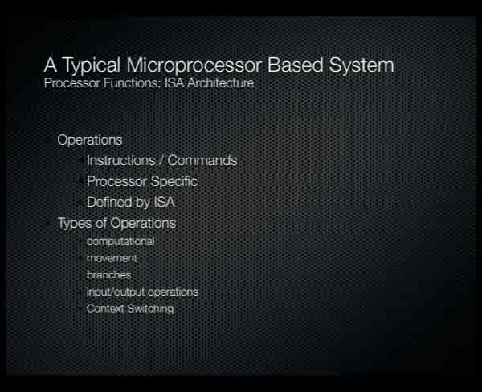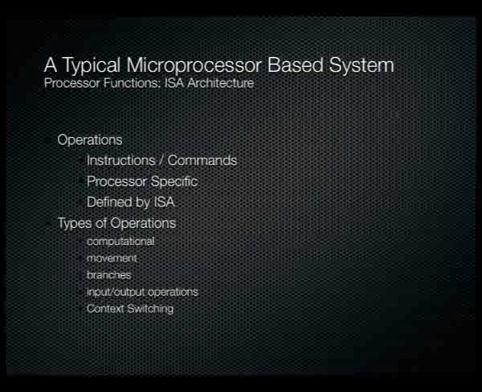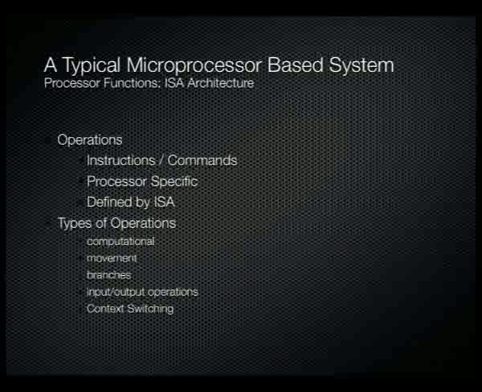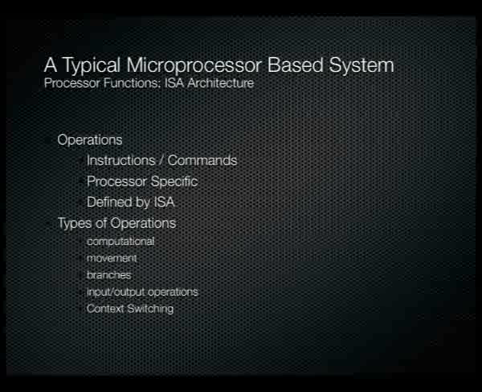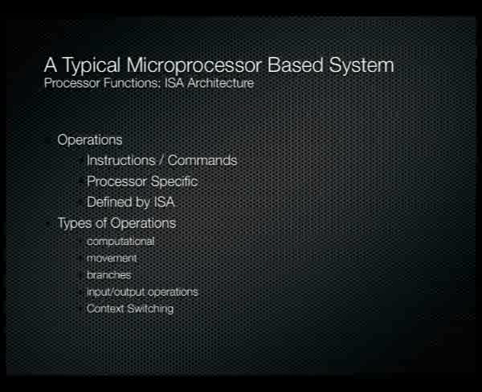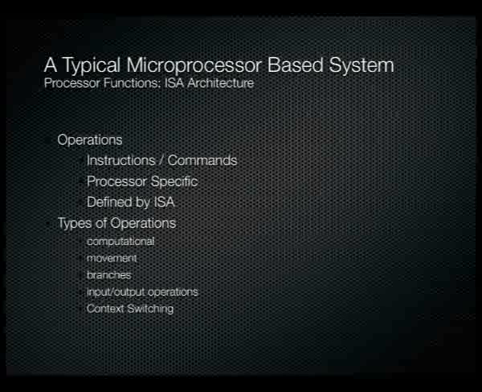When it comes to operations, we have instructions or commands. These are the instructions that pretty much turn on the functional blocks of our processor to do certain things. They are processor specific, so there's absolutely no point in having exactly the same instructions on every single processor, because then every single processor would be exactly the same. It is the instruction set that defines the processor, so we're going to have different instructions on every different processor.